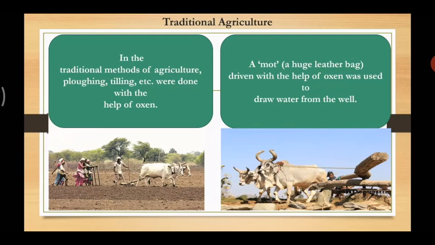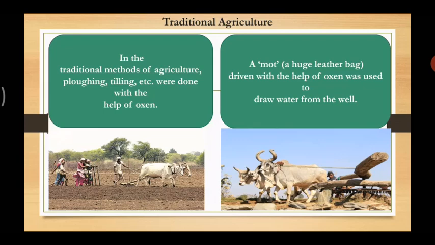Then you can see a moth. What is a moth? A moth means a huge leather bag driven with the help of oxen, which was used to draw water from the well. So in traditional agriculture, a moth was used, where they used to tie a leather bag to the oxen to remove water from the well.